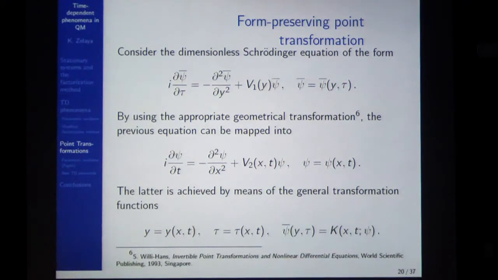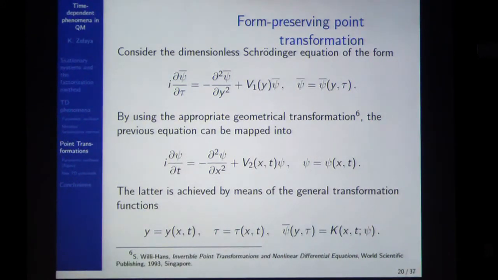This is the main idea behind this technique, and all this information is basically coded in these relations. Let me remark that point transformations are even richer and have more properties, and they can be generalized in several other ways. For instance, I can add a dependence on the wave function here, and here as well, like I did here. But if I do so, I will get nonlinear equations.